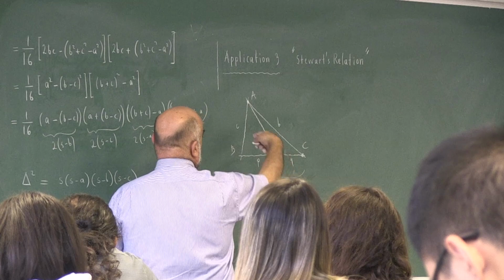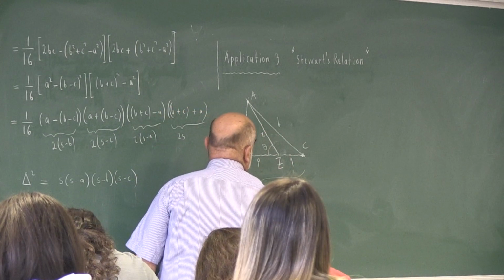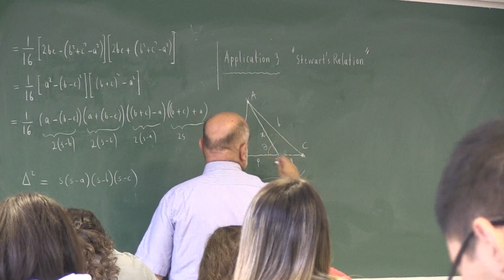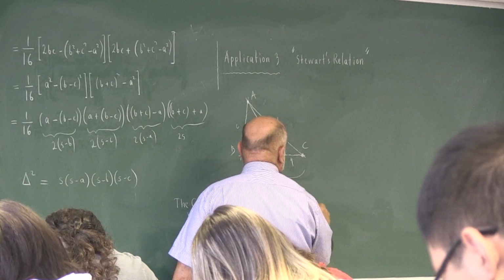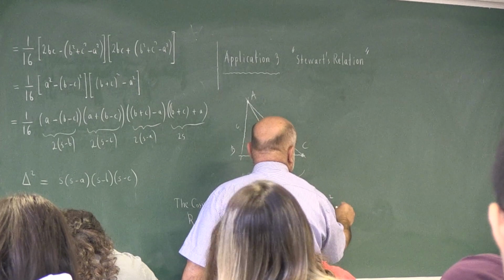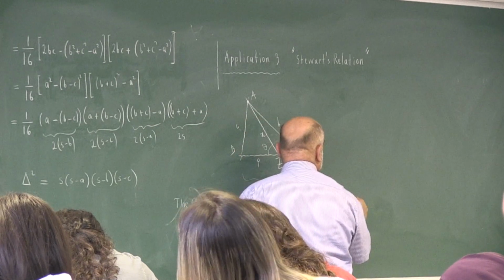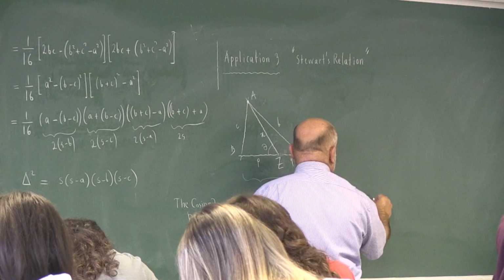ZAB. The opposite side squared, C squared, is equal to X squared plus P squared minus, of course, 2XP cosine theta.